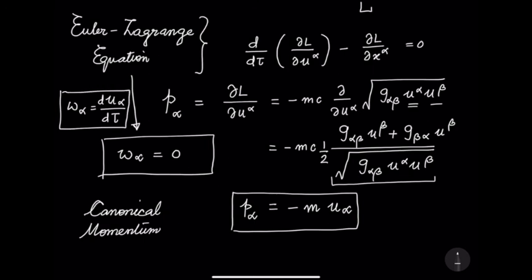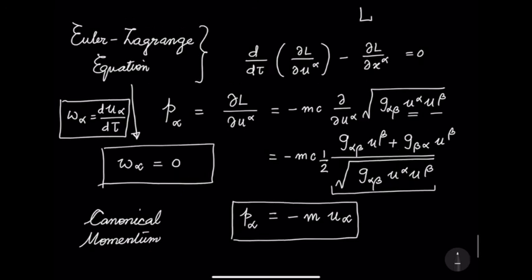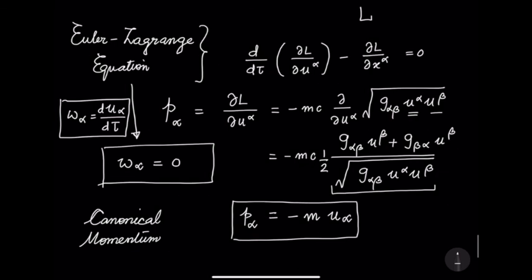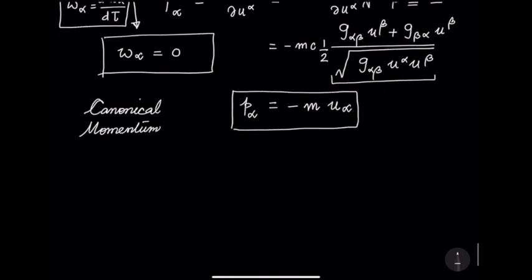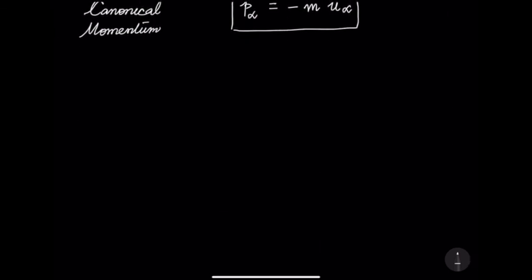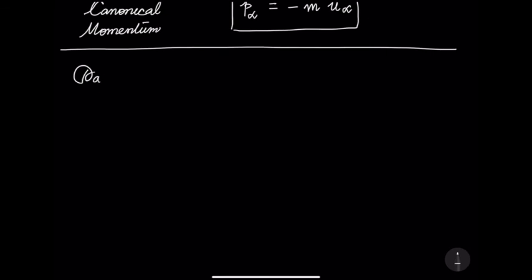Okay, so that's the case for a free particle. But what about if the particle is moving in a vector field? Particle in a vector field. And when I say vector, it's a 4 vector field.